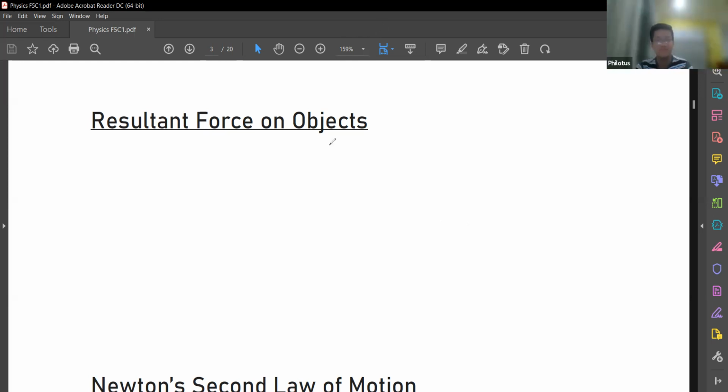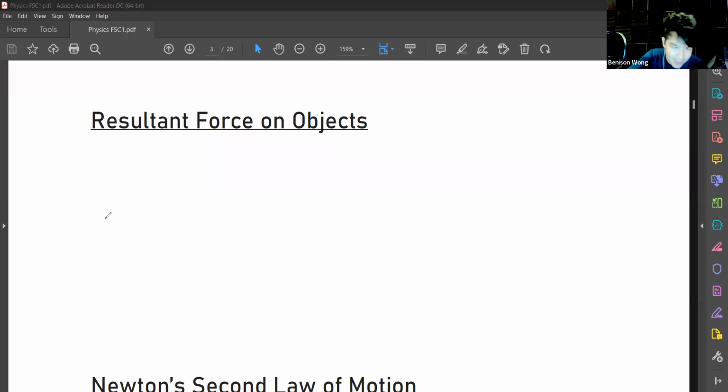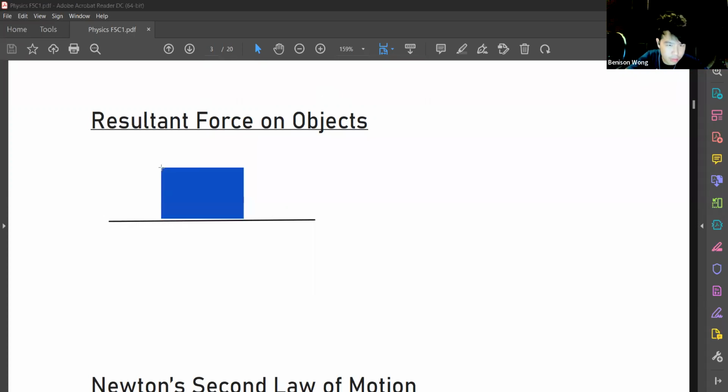Exactly, everything. Example: let's say over here you have a surface, and over here you have an object on the surface. When you have an object on the surface, what will happen?